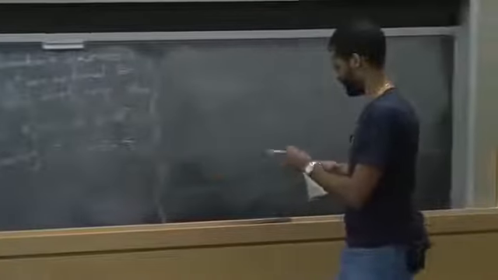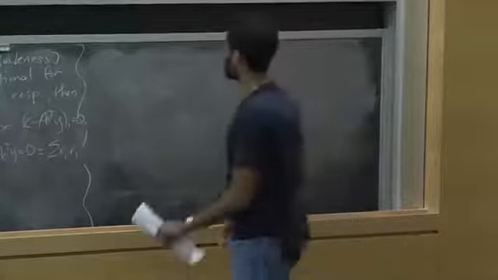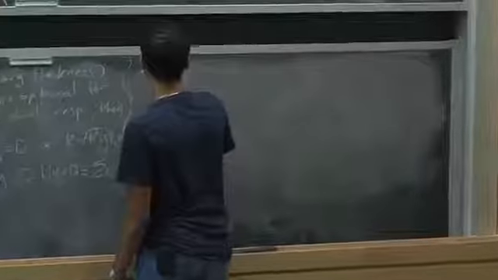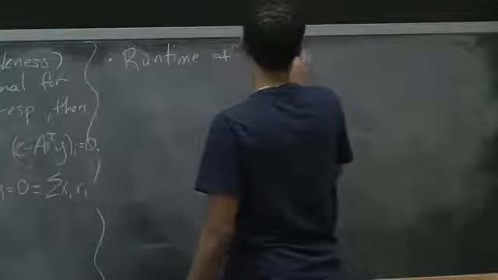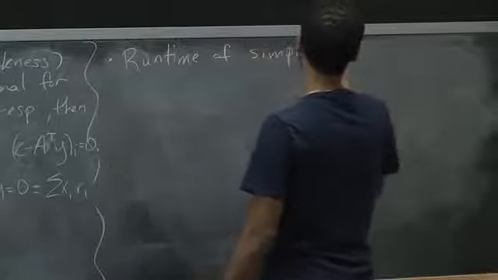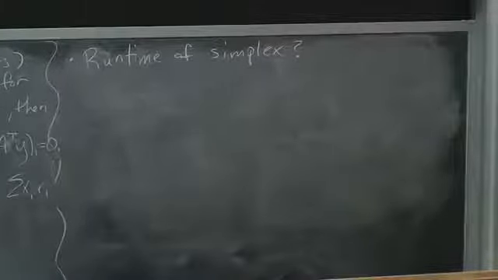Actually, I did want to say a few more things about simplex. So what's the runtime? Well, in each iteration, to move from vertex to vertex, it's polynomial time. And how many vertices are there?